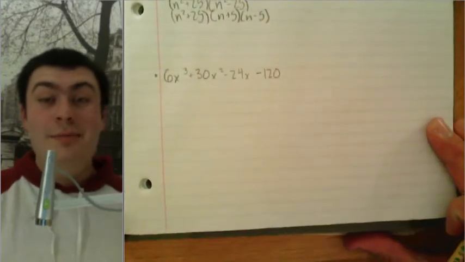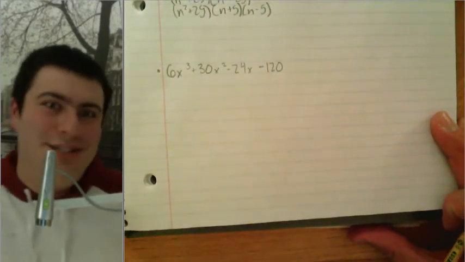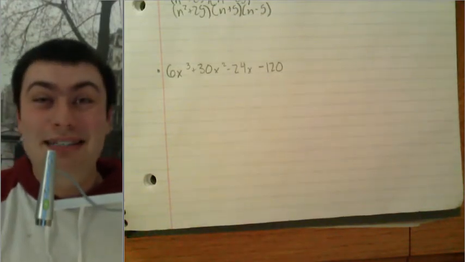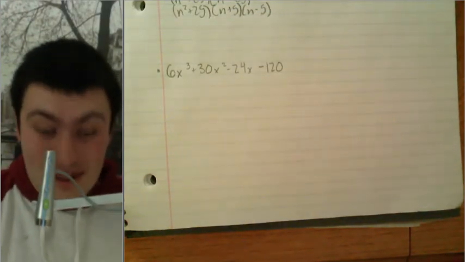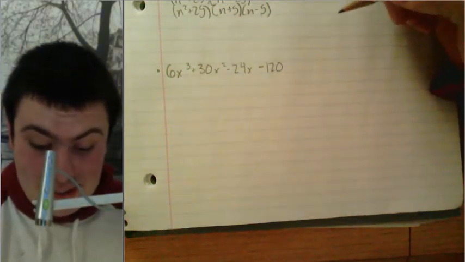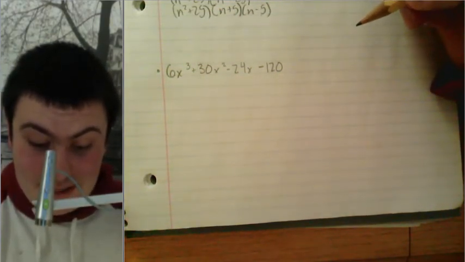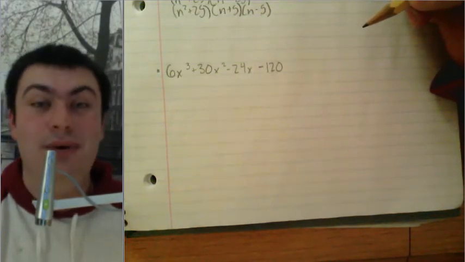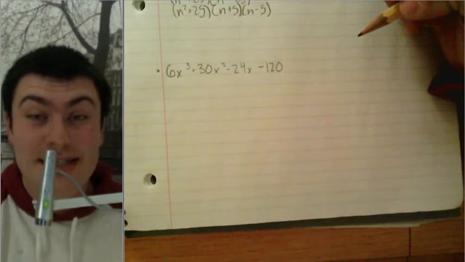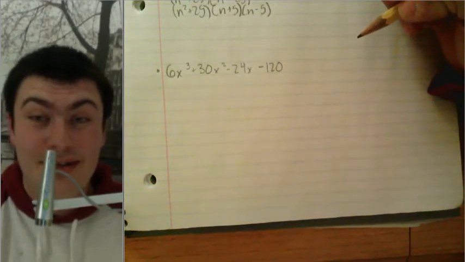Now, you might be presented with an issue, not an issue, an opportunity, where you get to use as many factoring techniques as you can. So, look at this, 6x cubed plus 30x squared minus 24x minus 120. First step in factoring, is there a greatest common factor? 6, 30, negative 24, negative 120.